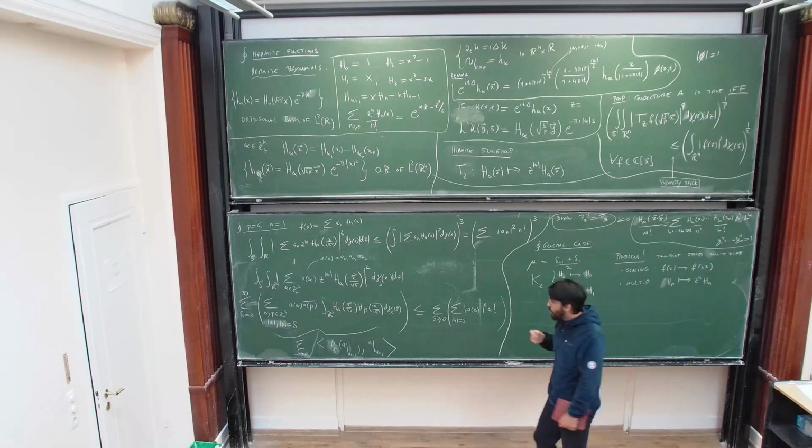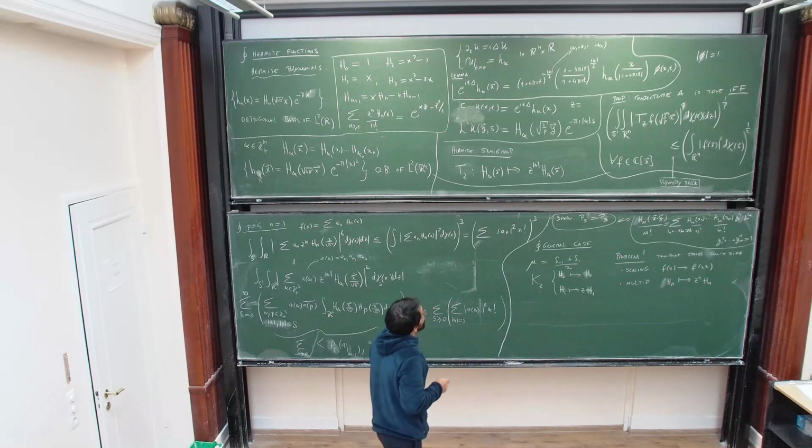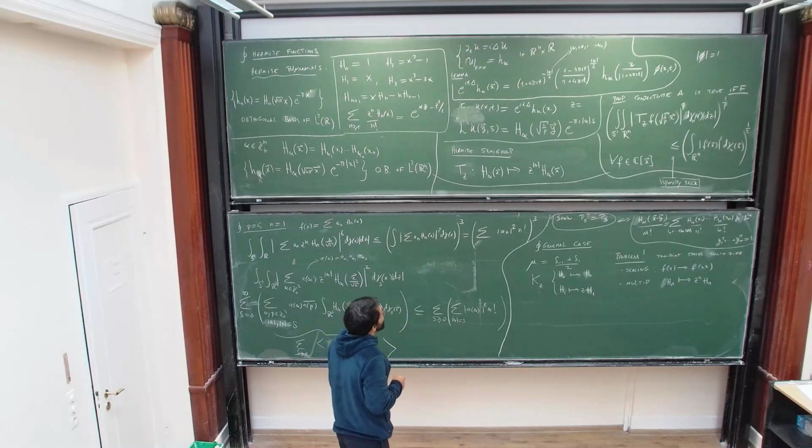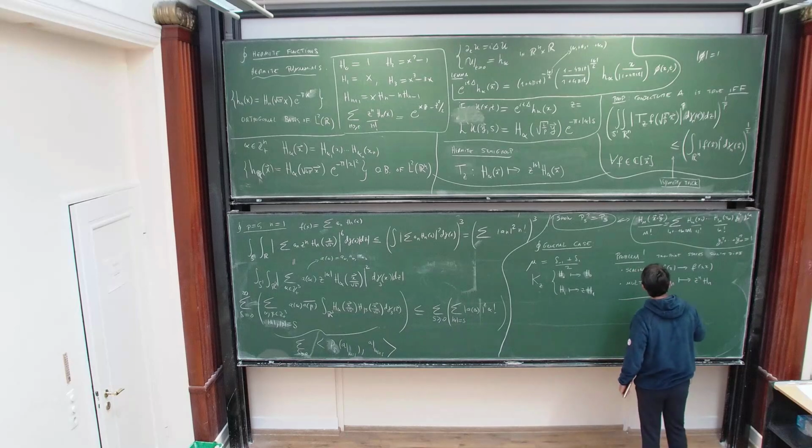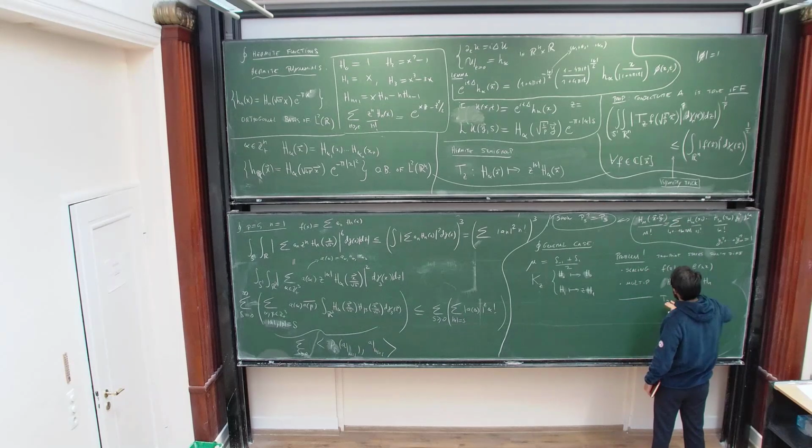Okay, so what you want is to end up with something which is not t. So that operator there, tz. Let's write it: tz composed with scaling.